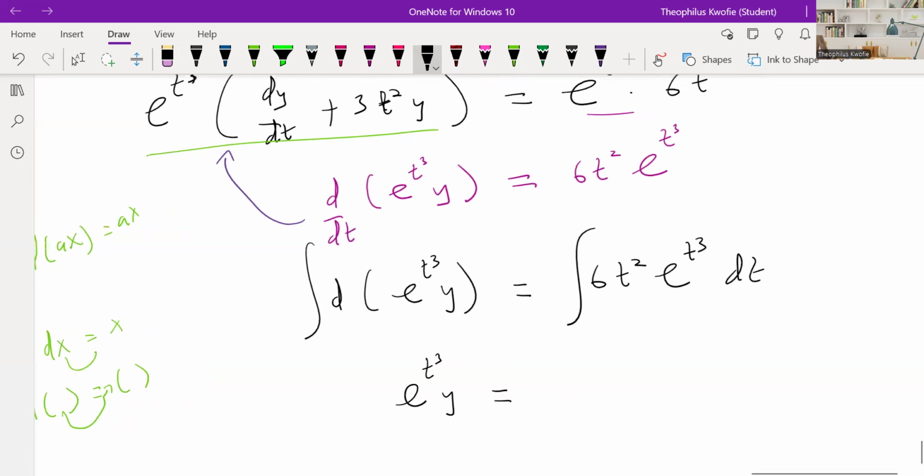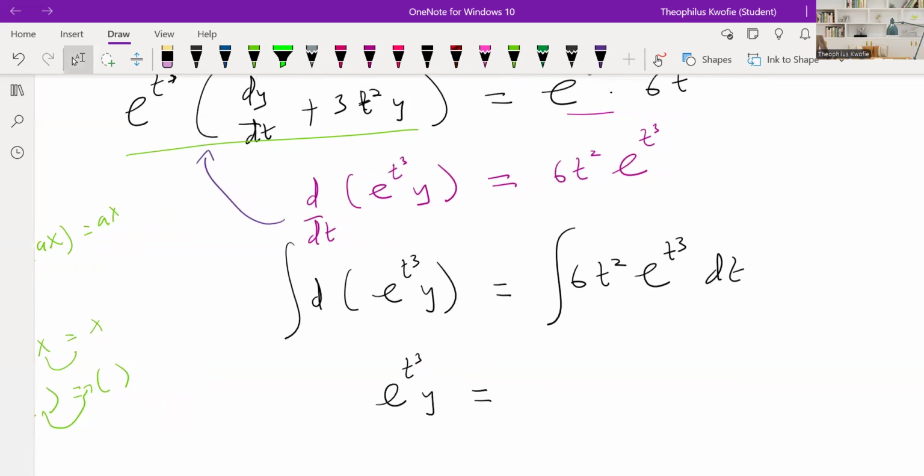Then on the right hand side, if you have been following us in our previous episodes, we learned integration by substitution. Using integration by substitution, you should get 2 multiplying e to the power t to the power 3. Then we add some constant c, because this is an indefinite integral.